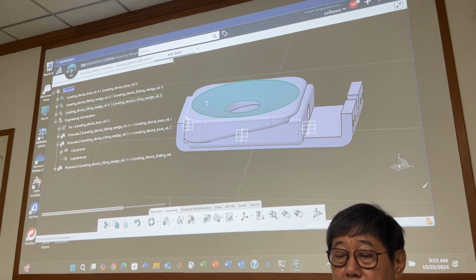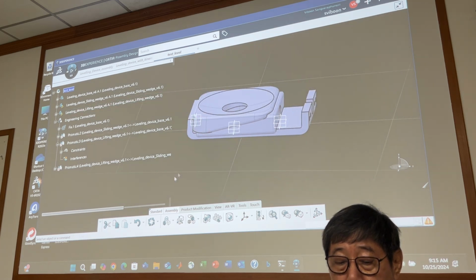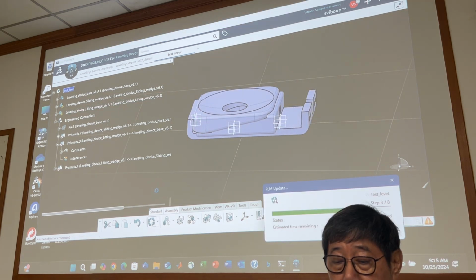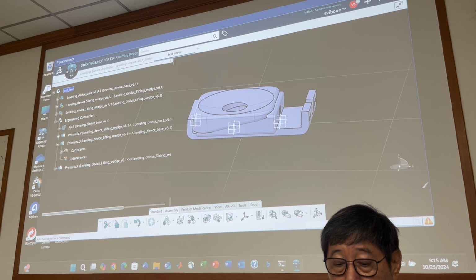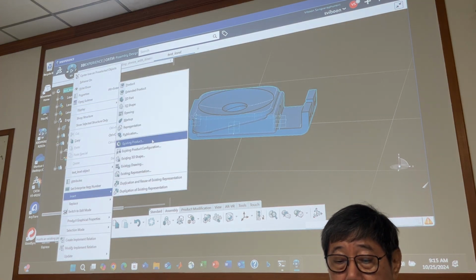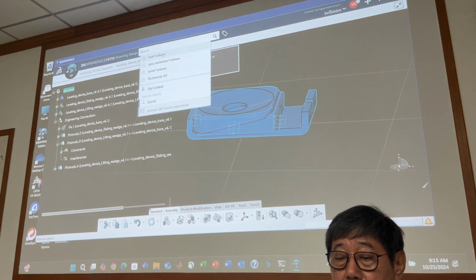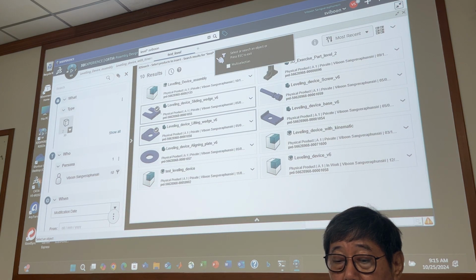Next, I bring in the alignment plate. Insert alignment plate, this one. Leveling device alignment, this one.